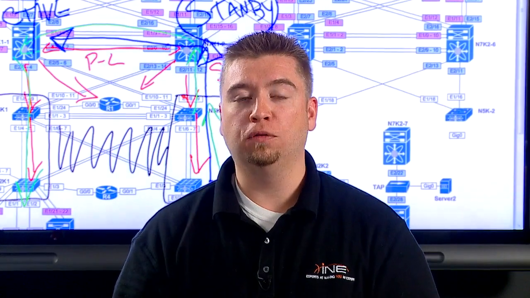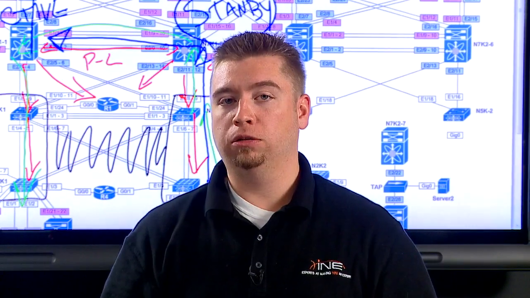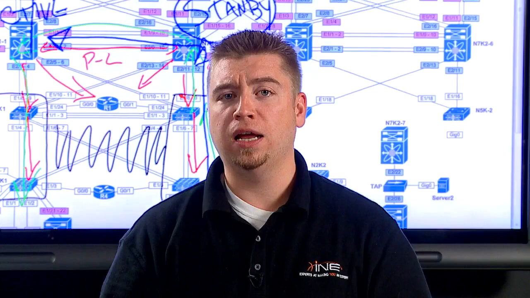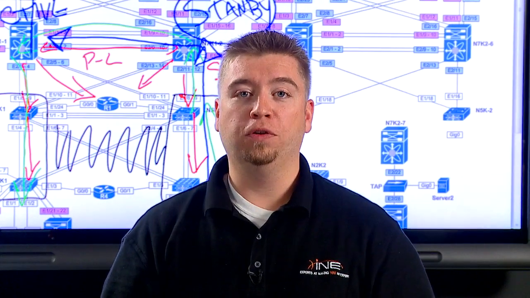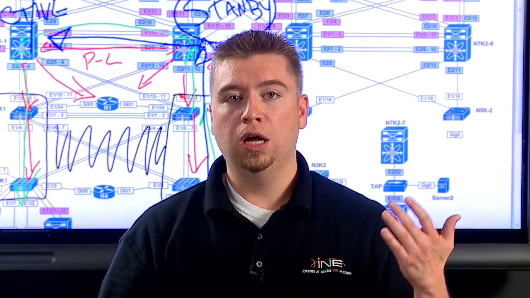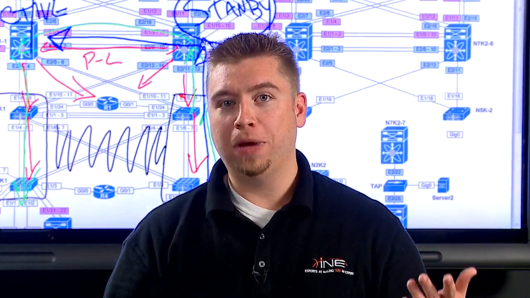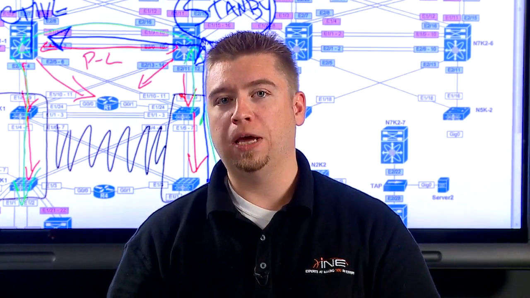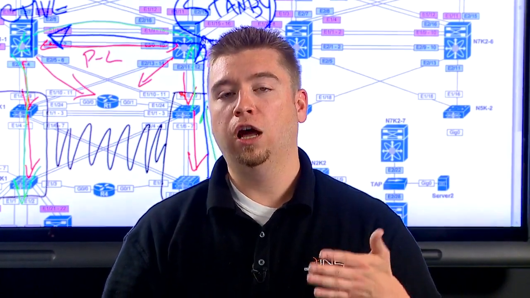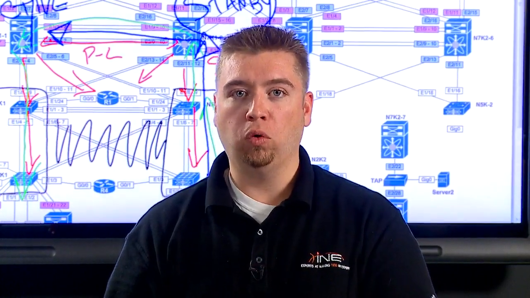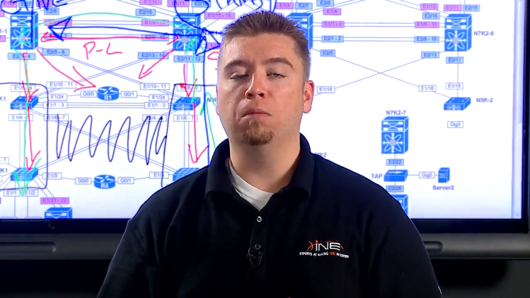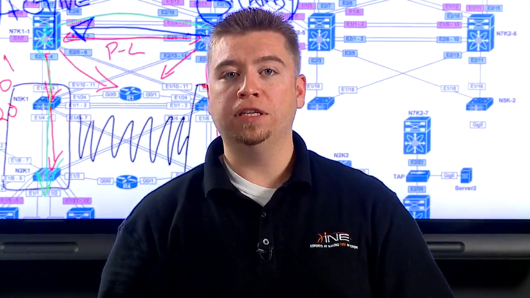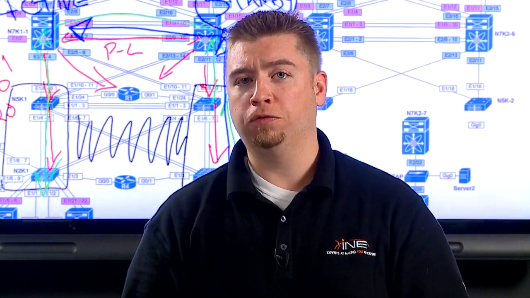Because again, remember that the forwarding of the port channel or the ether channel is independent on each of the devices. So the 5Ks could be configured to do load balancing based on the source destination MAC address. 7Ks could be doing it based on the source destination layer 3 header and the layer 4 ports, because the goal is we're trying to get a more even distribution of the data flows over all the different physical links that we have.